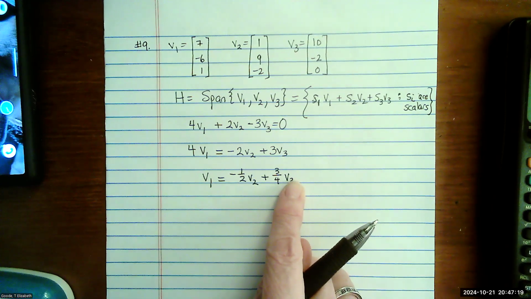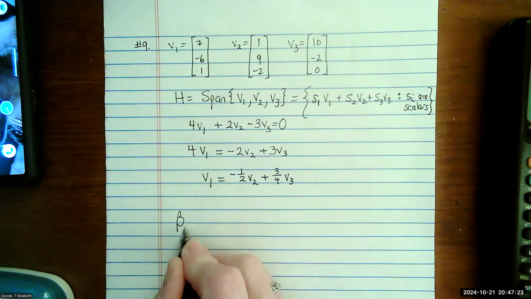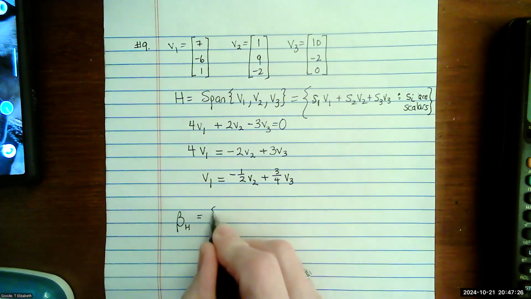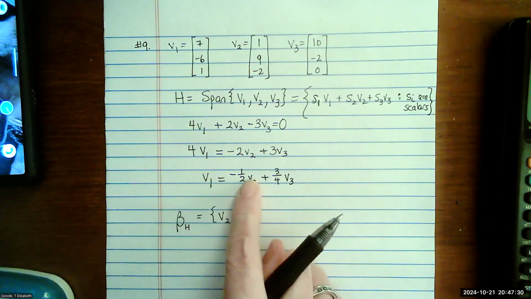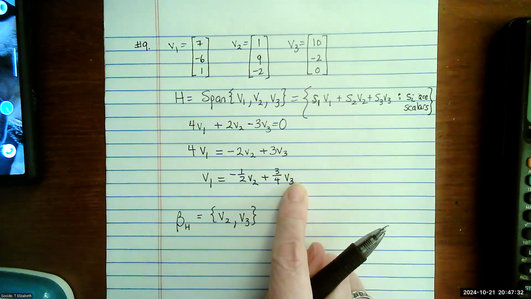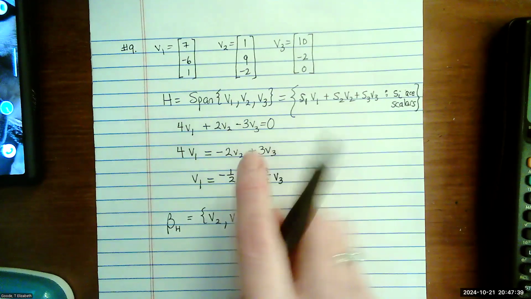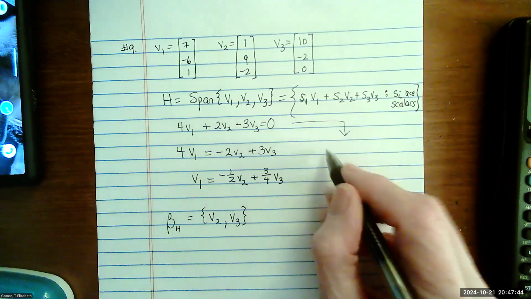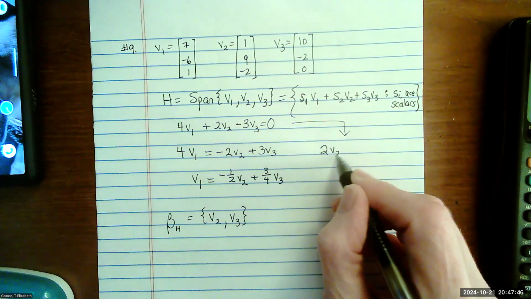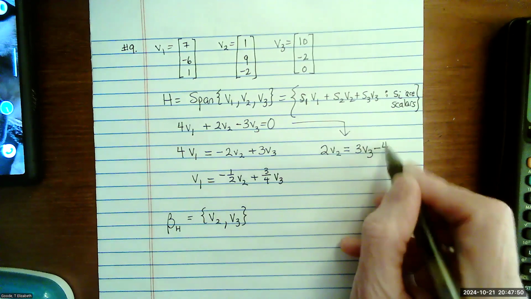So one basis, and there are numerous bases, for H would be just to take v2 and v3, because v1 can be written in terms of v2 and v3. Does that make sense? So you would just put these two in there. But this also yields, you could solve and say, hey, 2v2 is equal to 3v3 minus 4v1.